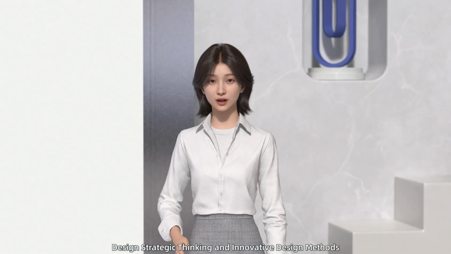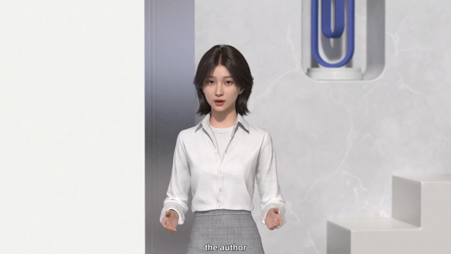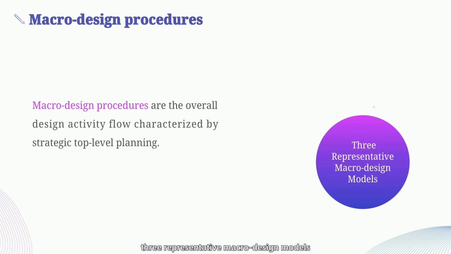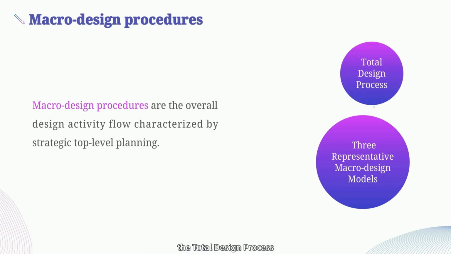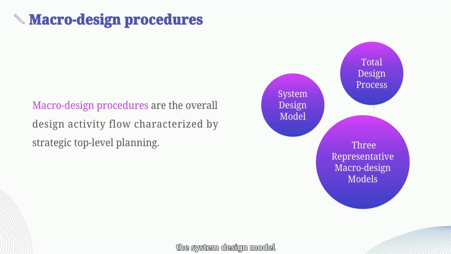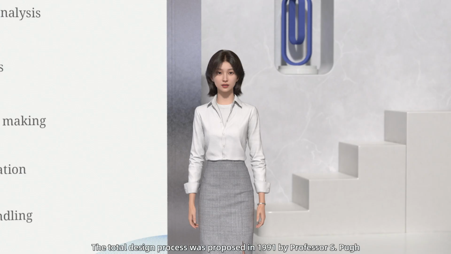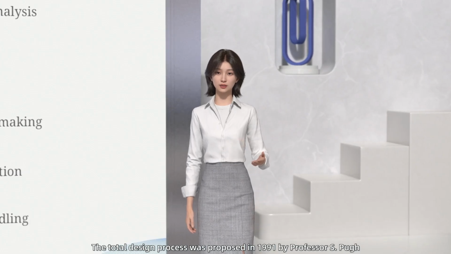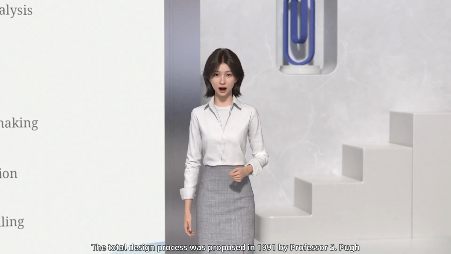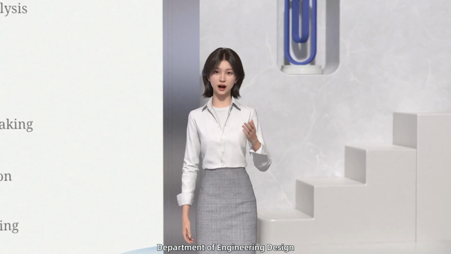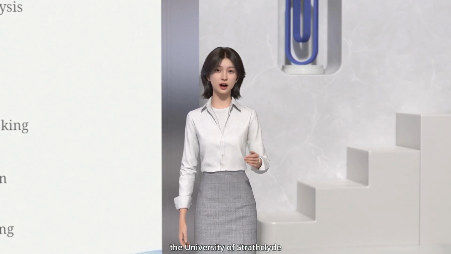In the book Design Strategic Thinking and Innovative Design Methods, the author Nan Zhang has summarized 3 representative macro design models: the total design process, the system design model, and the RACE design model. The total design process was proposed in 1991 by Professor S. Pugh, Department of Engineering Design, the University of Strathclyde.